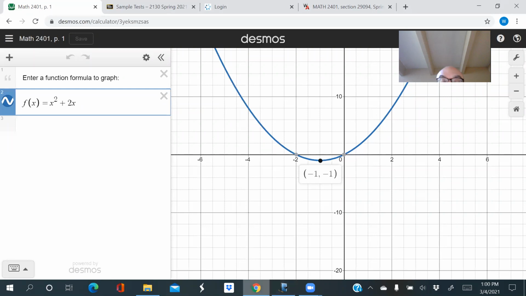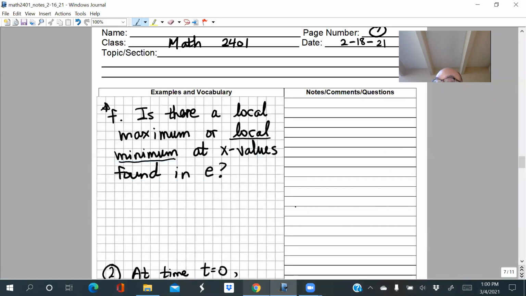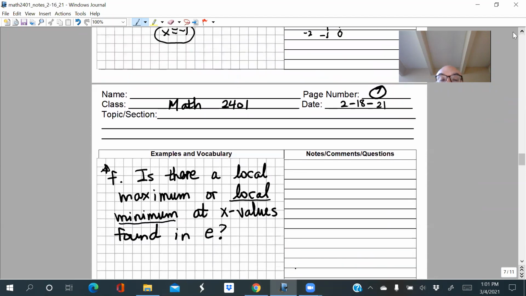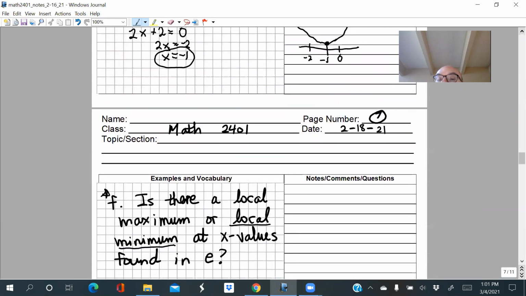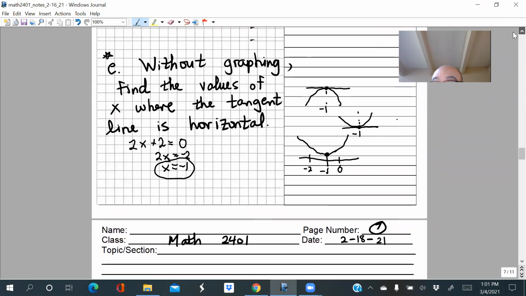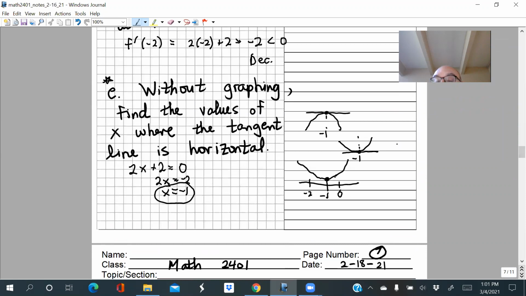Wow, we learned a lot of things today. Just in that example, we now realize that we've got some powerful tools here. With pencil and paper, without drawing a graph, we have some idea of where we can find local maxima and local minima, peak turning points and valley turning points.